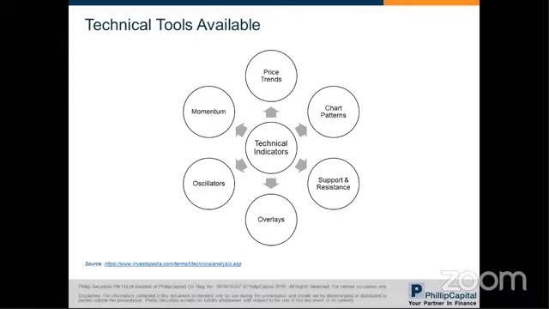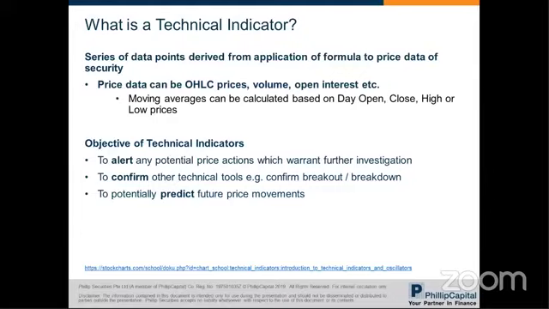If you're dealing with stocks or commodities, futures, they have the volume. For Forex, they look more into the price. Moving averages, for example, can be calculated based on the day open, close, high and low prices, etc.